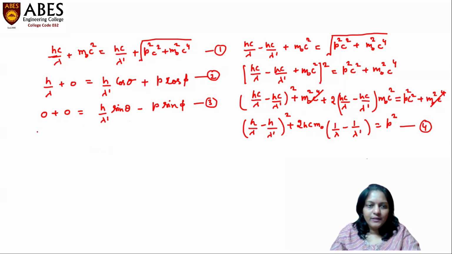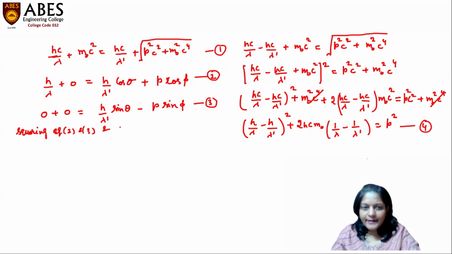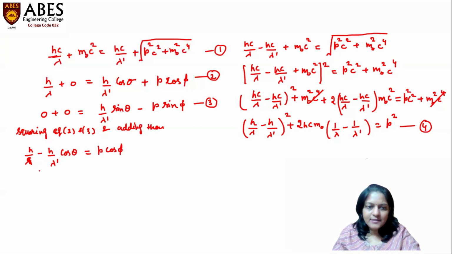Now, from equations 2 and 3, we square and add. Equation 2 can be written as (h/λ − h/λ') cos θ = p cos φ, and equation 3 can be written as (h/λ') sin θ = p sin φ.